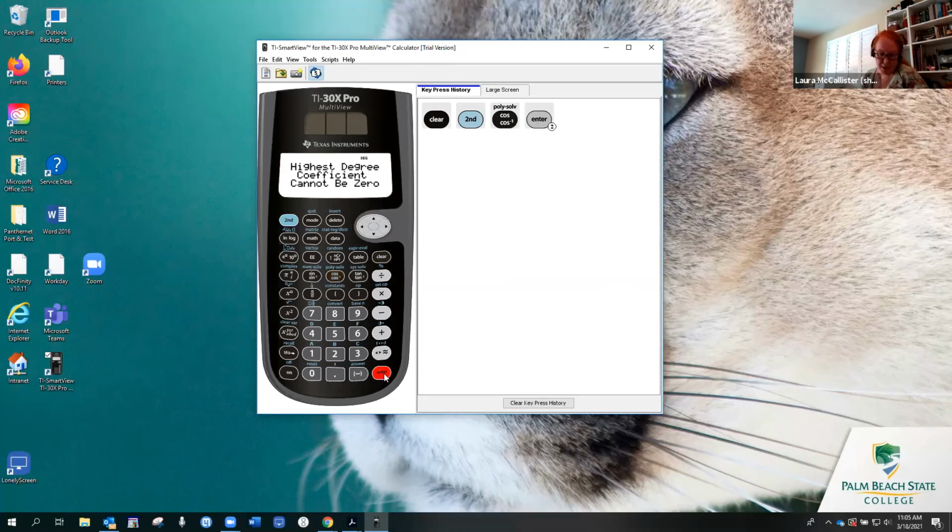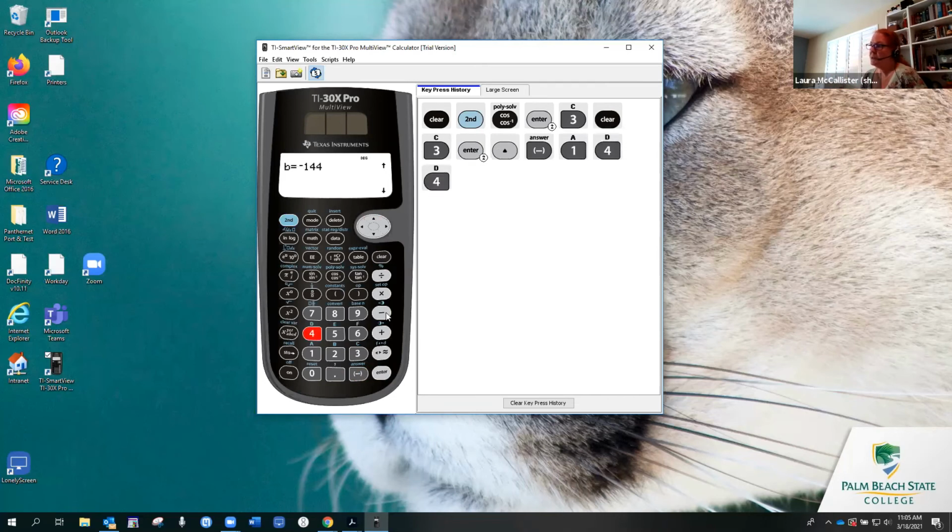My a value in this case, since we're solving for the first derivative, is going to equal 3. There we go. A is equal to 3. B was negative 14. Do not use the subtraction sign when you put this in here.